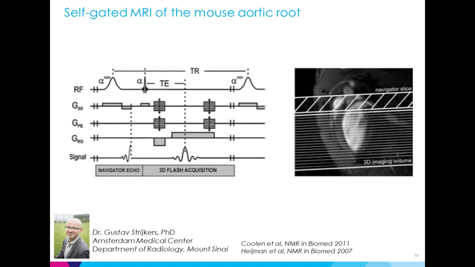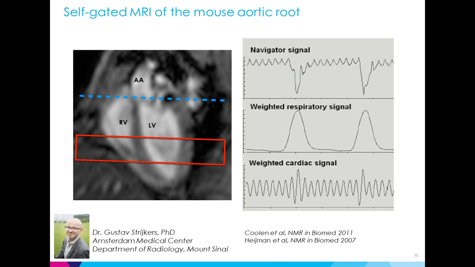The navigator slice is played before every excitation, as you can see here in the pulse sequence diagram. And so it's a 1D signal that, as you can see in this following slide, looks like this after it's acquired. And that can be deconvolved pretty much in a weighted respiratory signal that you can see here, which is, of course, slower and corresponds to these deeper downward peaks, and in a weighted cardiac signal, which is, of course, much faster and corresponds to these faster peaks.